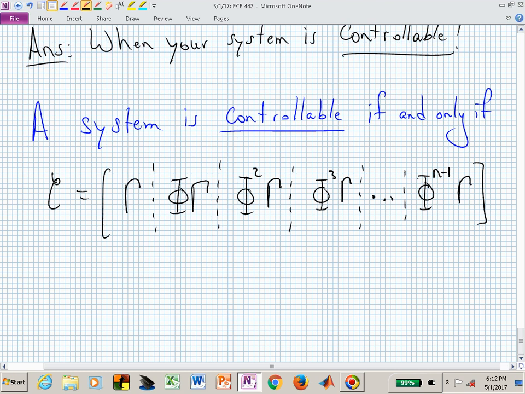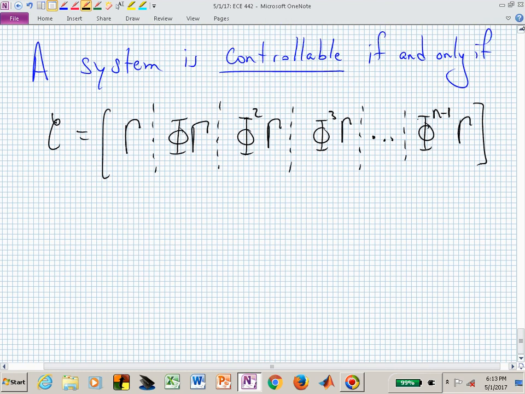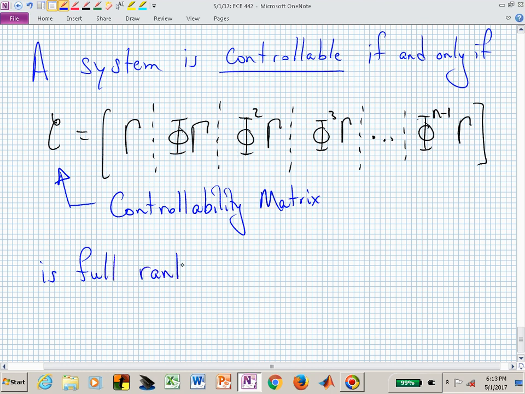So if we did have this 10th order system, little n is 10, so we would need phi to the 9th times gamma. If our system is to be controllable, we want this controllability matrix, this script C, to be full rank.